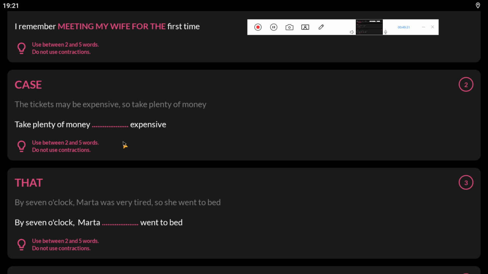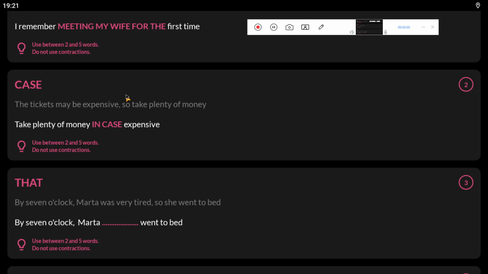Number two, case. The tickets might be expensive. It is possible that they may be expensive. So take plenty of money. It is very similar to the other one. In case that what? Take plenty of money.